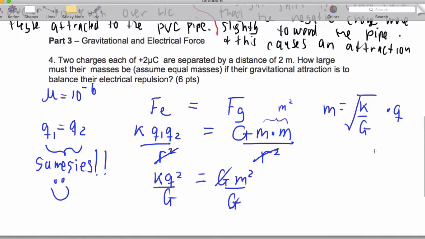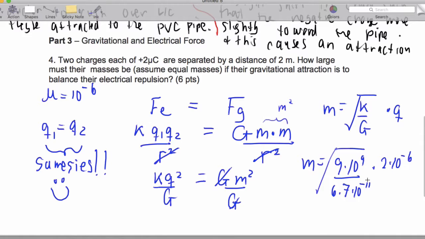Oh, that just looks awful. And we'll times that by 2 times 10 to the -6th, and let's see what mass we get.